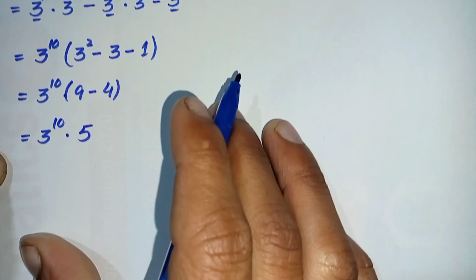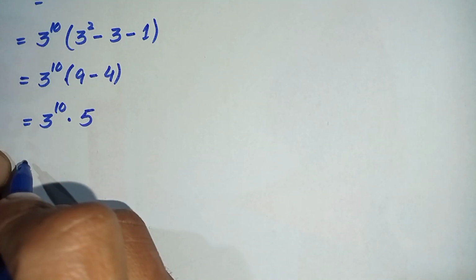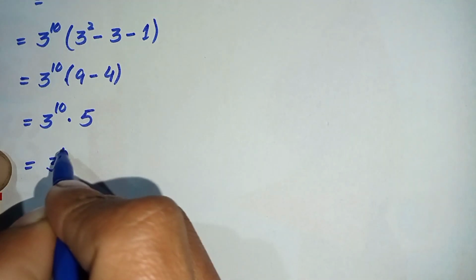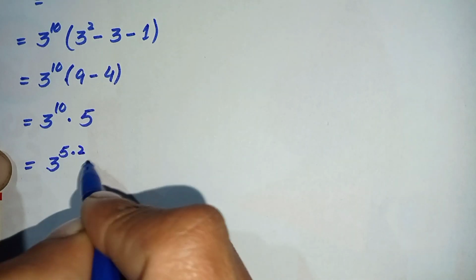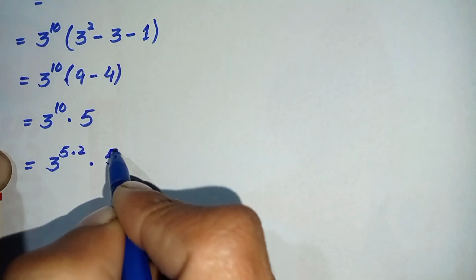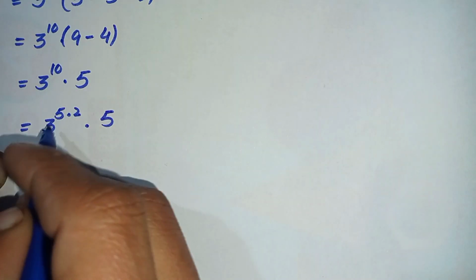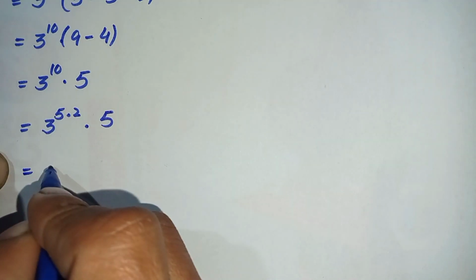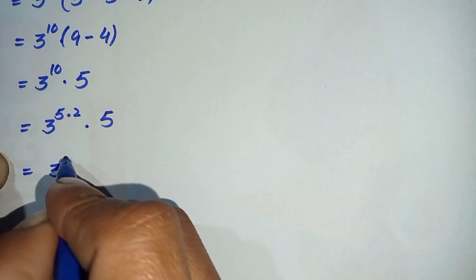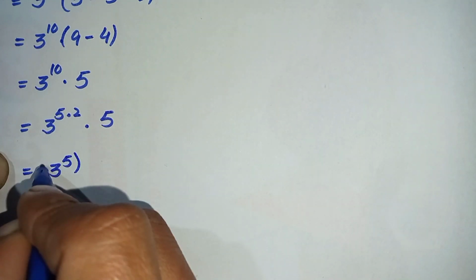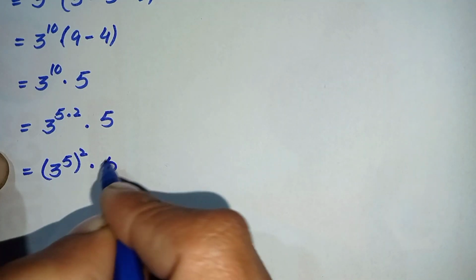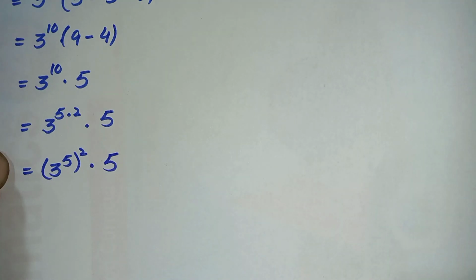Now we can further write 3 raised to power 10 as 3 raised to power 5 times 2, times 5. Now here we further write 3 raised to power 5 times 2 as, by using exponential formula, 3 raised to power 5 whole raised to power 2, times 5.